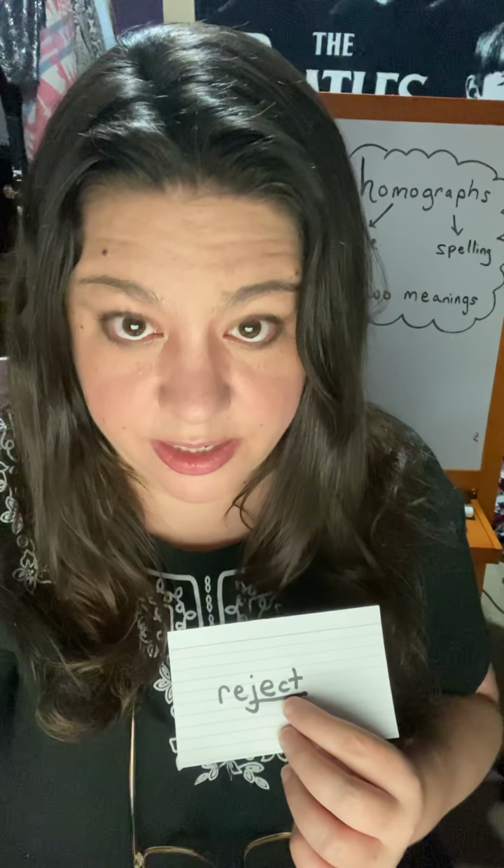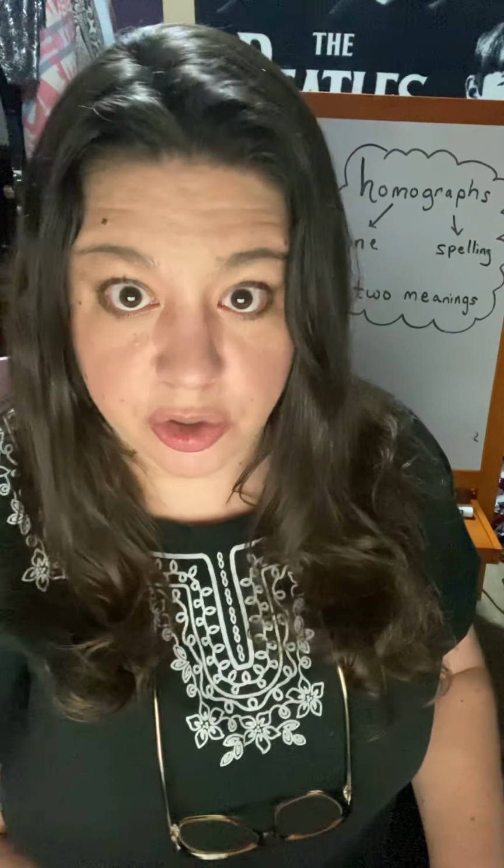Well, it's a verb. That means it's to do something. To reject something is A, to refuse to accept. I reject that. I refuse to accept it. A reject is a person or thing not wanted. That's a reject. Next one.